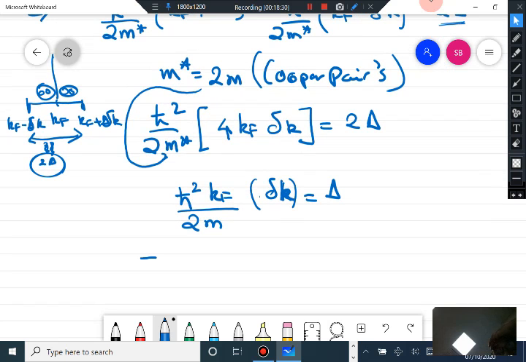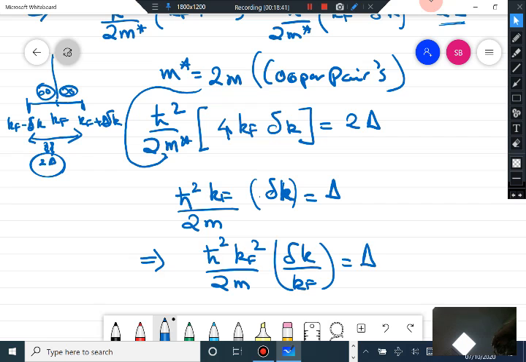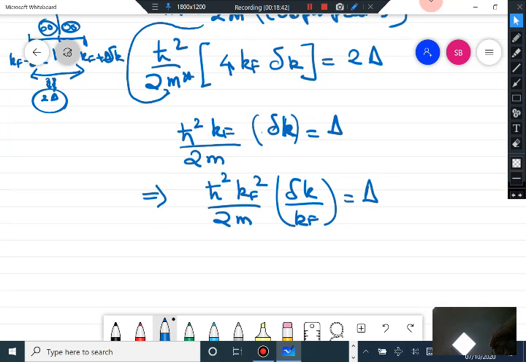So this is basically equivalent to saying that ħ²kF²/2m times δk/kF is equal to capital Δ, or 2δk.